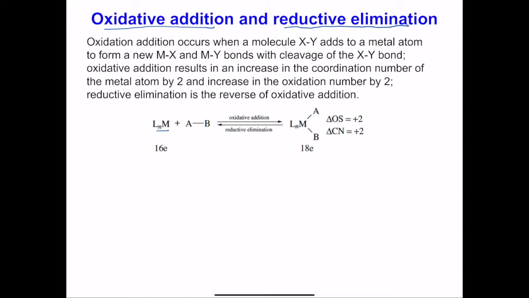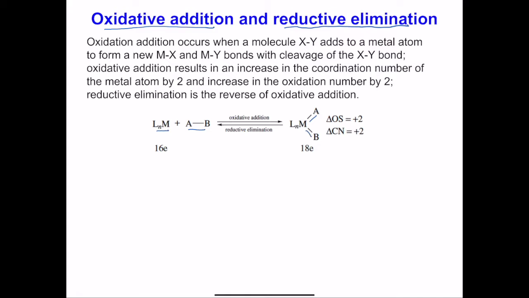When you react it with a substrate A-B, this transition metal can break the A-B bond, and you form two new bonds, an M-A bond and an M-B bond. You break one bond to form two new bonds.